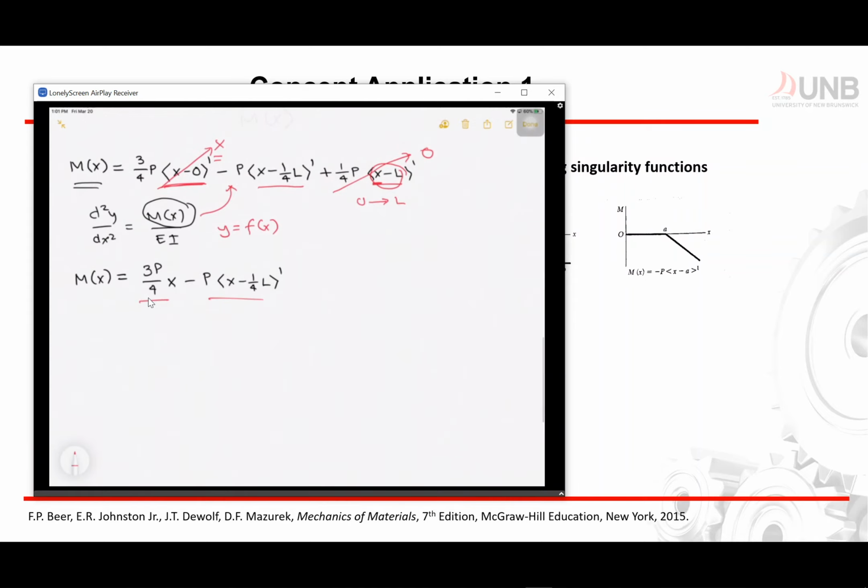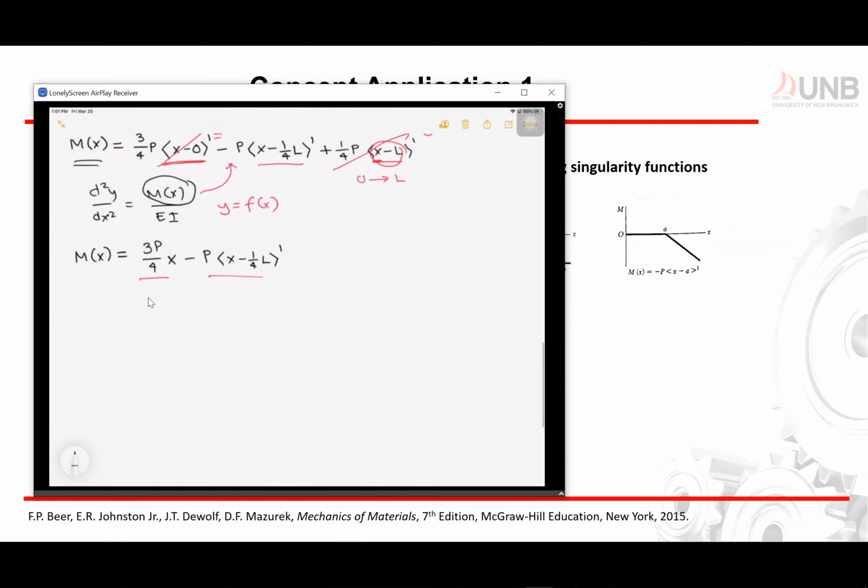Now we have mx, and our objective is to get the equation of elastic curve, which means we can solve this using the second order differential equation. So I could write this as EI d squared y over dx squared is equal to 3p over 4 x minus p x minus 1/4 L raised to 1.